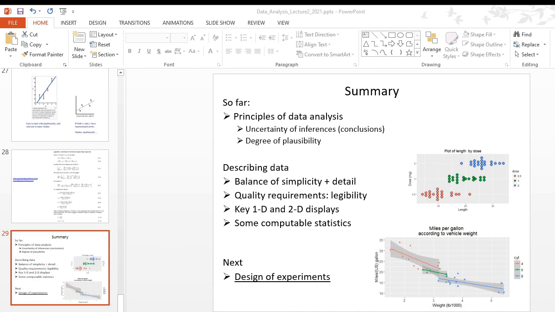And comprehensiveness: as well as your figure that you put in a report, generally you probably do want to make comprehensive numerical data available in a table in supporting material, probably on some open source archive these days. What else did we look at in descriptive statistics? Some of the important one-dimensional and two-dimensional graphs.